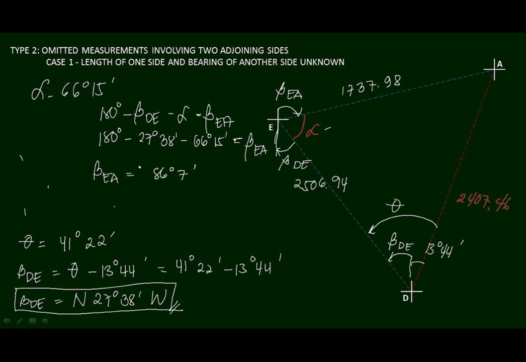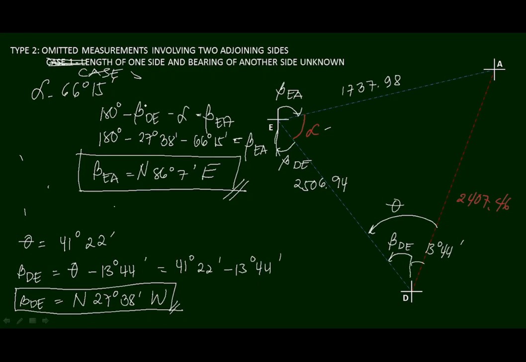As for the direction, that is northeast. 86 degrees 7 minutes. This is now the bearing of my EA. Again, this is case 3. So, ganyan po ang pag-solve ng omitted measurements under type 2 case 3.